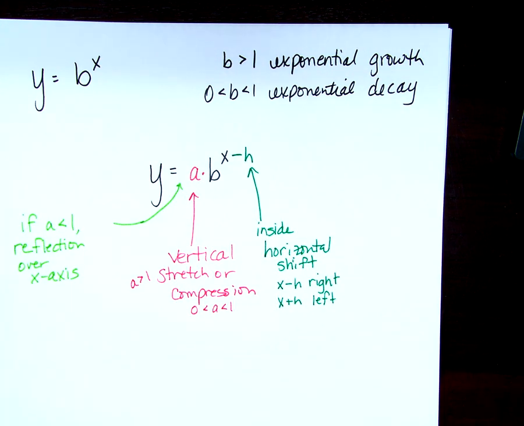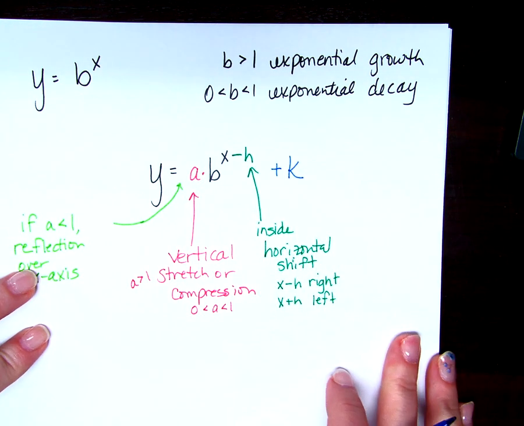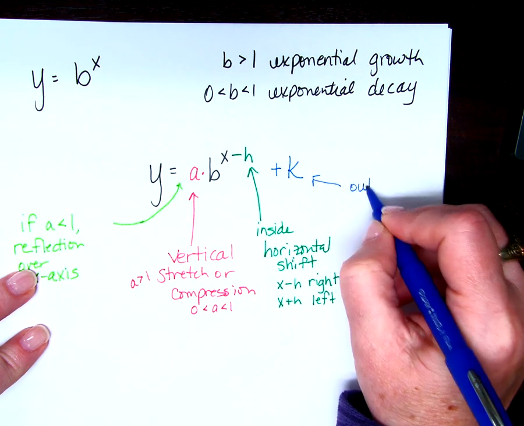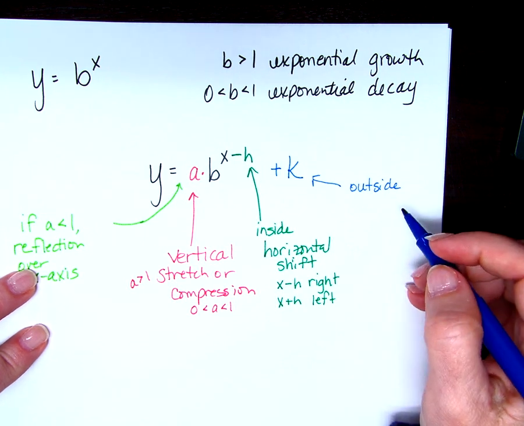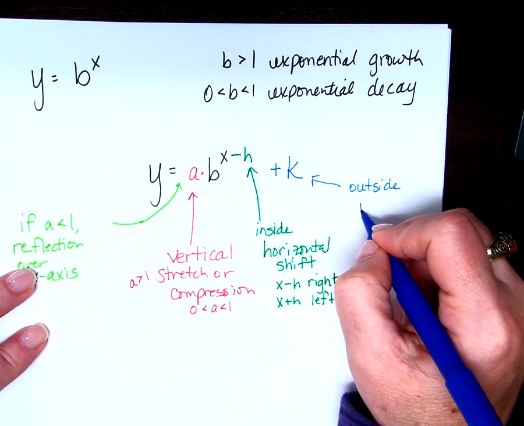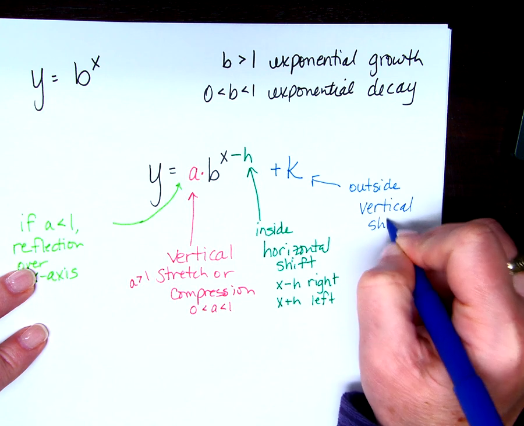Last but not least, we have plus k. This is outside. It's being added or subtracted, so it is a shift. And since it's outside, it is a vertical shift.